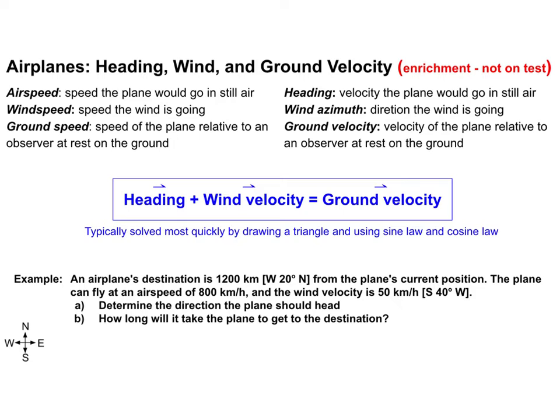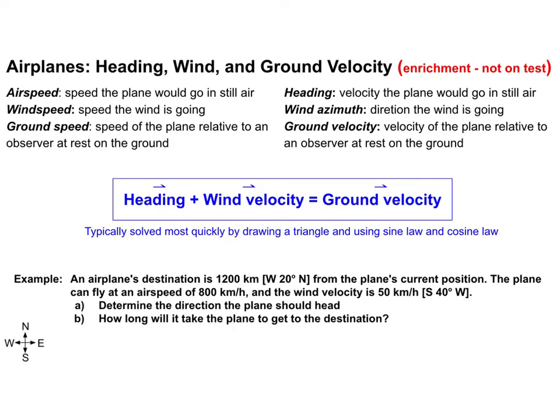But in these situations, normally you get the magnitude of one variable, the direction of the other variable, and you don't usually get 2 full complete vectors that you have to work with. And that's why it turns out, at least in my opinion, that the fastest way to do a lot of these problems ends up being to use geometry. So to draw a triangle out and to calculate missing sides and missing angles using sine law and cosine law.